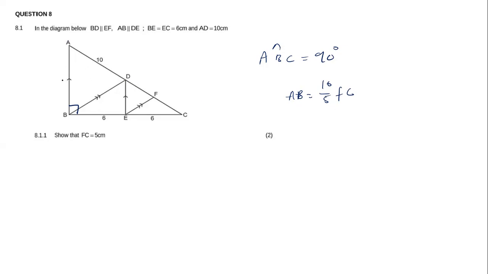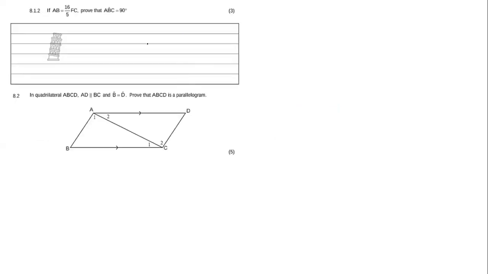So what is the magnitude of AB? That's the first thing that we're going to do. So to answer question number 8.1.2, we're going to determine the magnitude of AB using this equation that is provided. Here we have 16 over 5, but we have already determined that FC is equal to 5 centimeters.